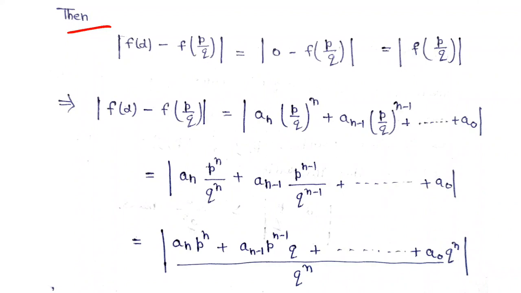This implies mod of f of alpha minus f of p by q equals mod of a_n (p by q)^n plus a_(n-1) (p by q)^(n-1) plus up to plus a_0, which equals a_n p^n divided by q^n plus a_(n-1) p^(n-1) divided by q^(n-1) plus up to plus a_0, which equals mod of a_n p^n plus a_(n-1) p^(n-1) q plus up to plus a_0 q^n, divided by q^n.